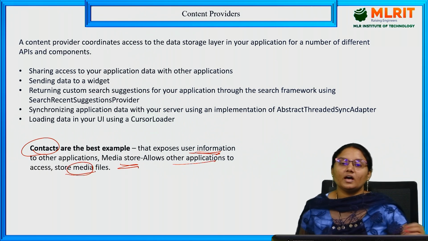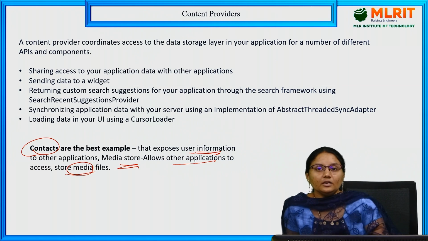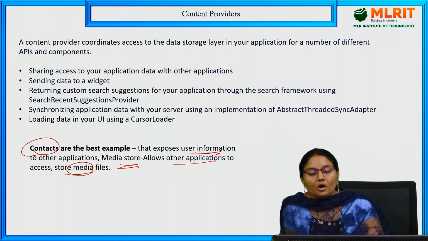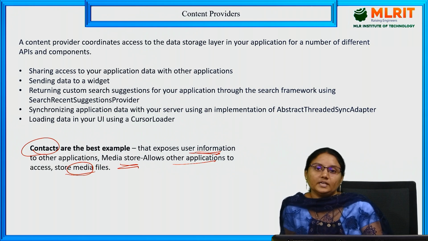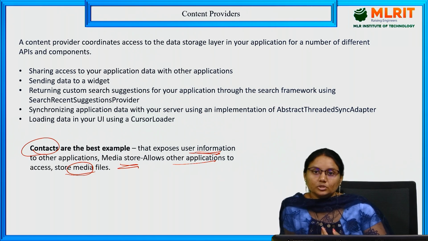Suppose you have images in your gallery, you can load those images into your WhatsApp and send them to others, or images sent by contacts can be stored into your gallery, and they can even be stored in Google Cloud also. Whenever we require, we retrieve and use them. That is also possible with the help of this content provider.